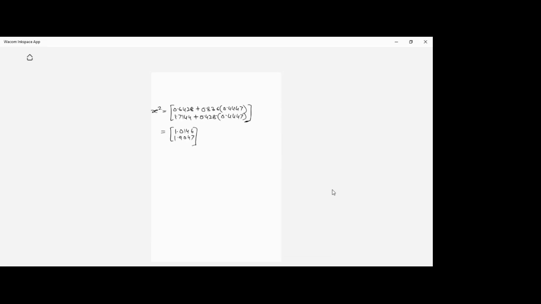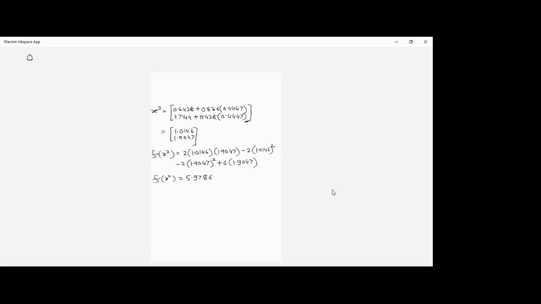So f of x2 equals 2 into 1.0146 into 1.9047 minus 2 into 1.0146 bracket square minus 2 into 1.9047 bracket square plus 6 into 1.9047.